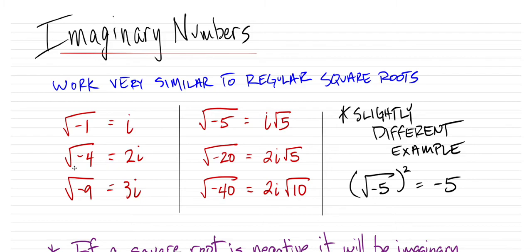The negative creates the imaginary version of 4. So it's 2i. And same with square roots that don't work out perfectly. They work exactly the same as before, but if they were negative on the inside of the root, then that means it's an imaginary number, so i.